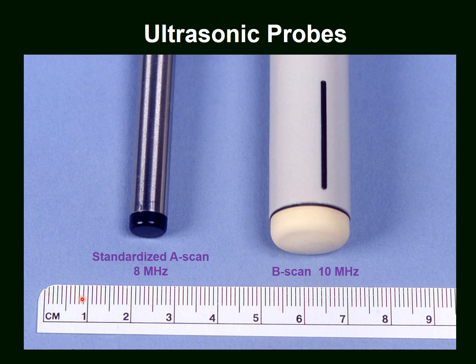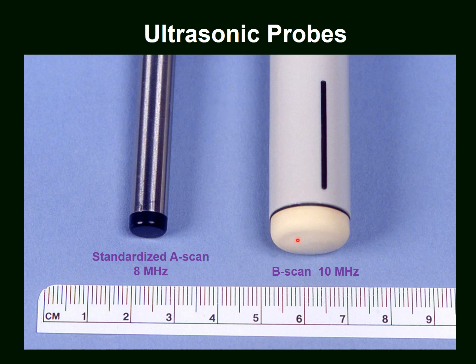And here two examples of ultrasonic probes. On the left side, the standardized A scan probe that emits 8 megahertz. It has a diameter of 5 millimeters and emits a parallel beam.